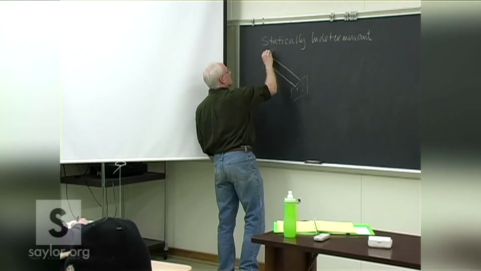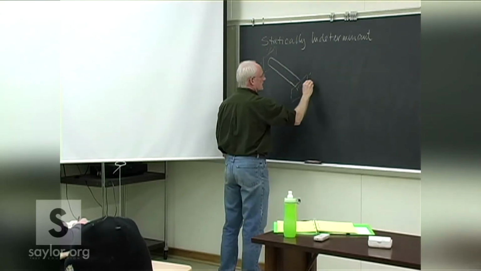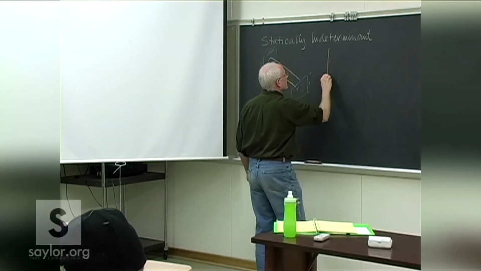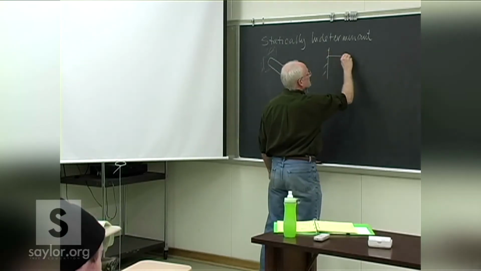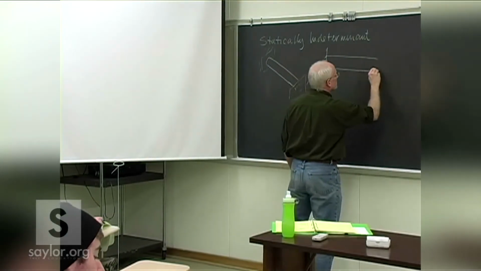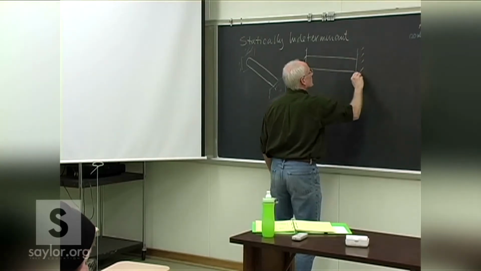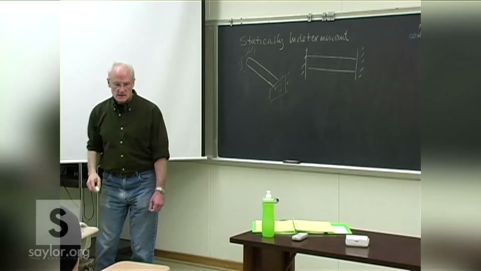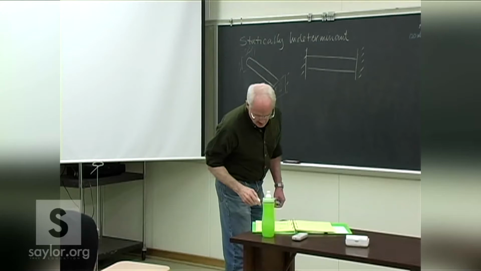So, how do you draw that? Might be easier just to put it on end, especially since what we have on this one is that it's not a constant cross-section.